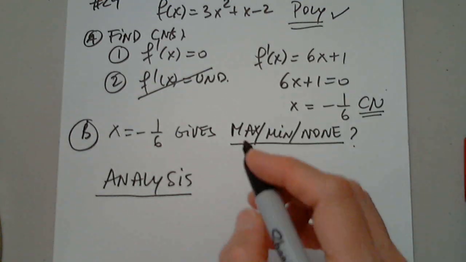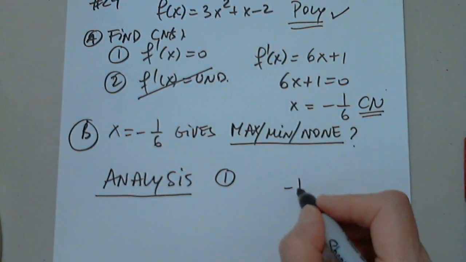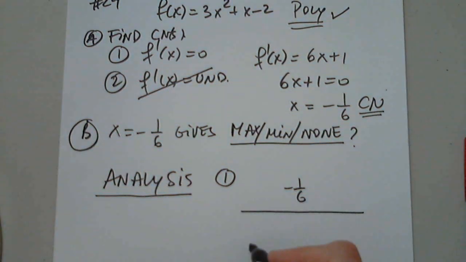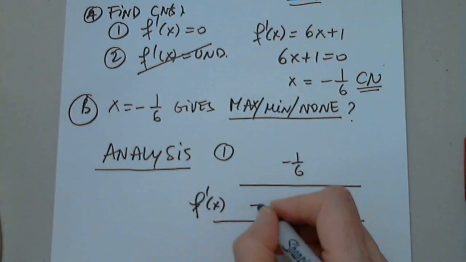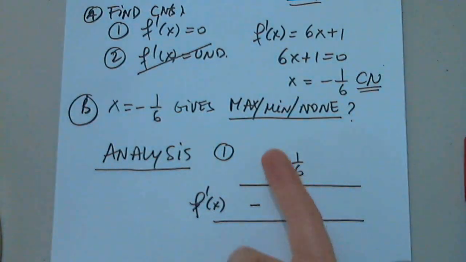Okay. Here's one option. Critical number negative 1/6. And the first derivative does this, because it's 0. We know that. The first derivative was 0.